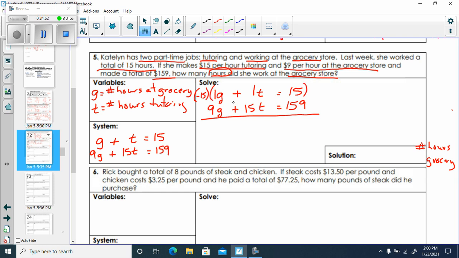Let's do that. Negative 15 times 1 is negative 15G. That's minus 15T equal, what is negative 15 times 15? Give me negative 225.